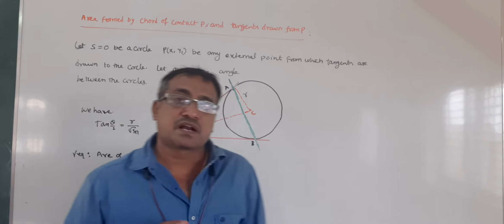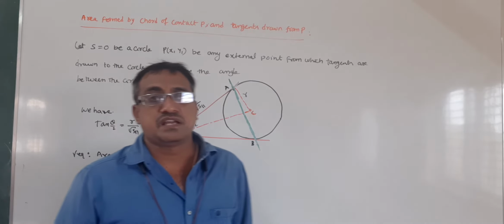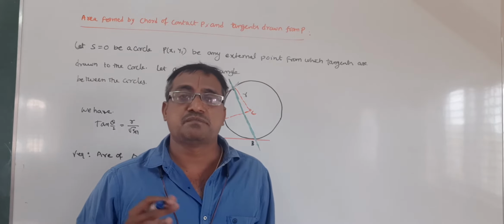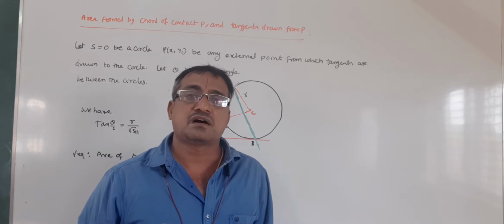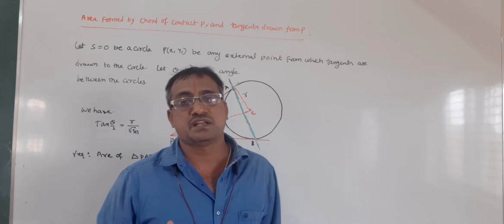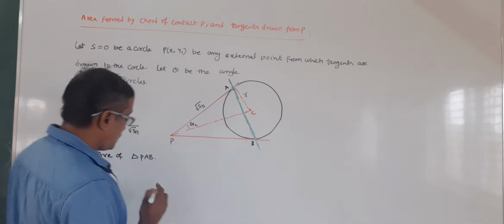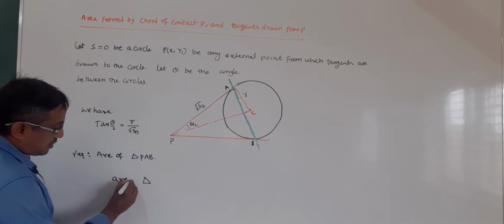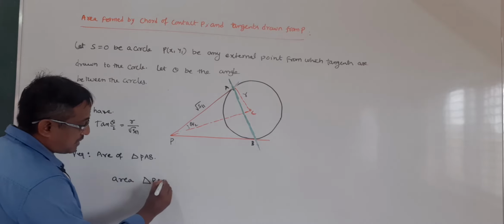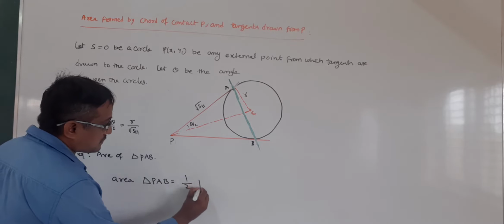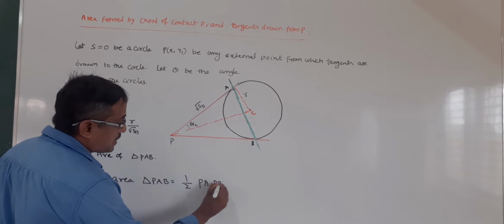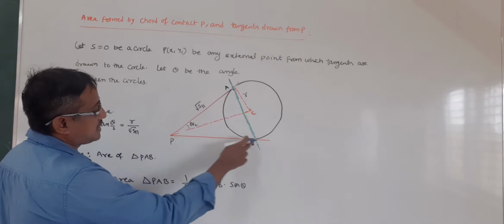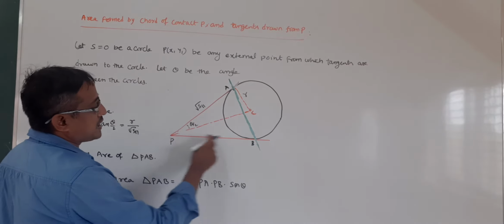Now area of a triangle is given by half AB sin C or half BC sin A, from the properties of triangles. So area of triangle PAB is equal to half PA into PB into sin theta. That is the angle between the sides PA and PB.